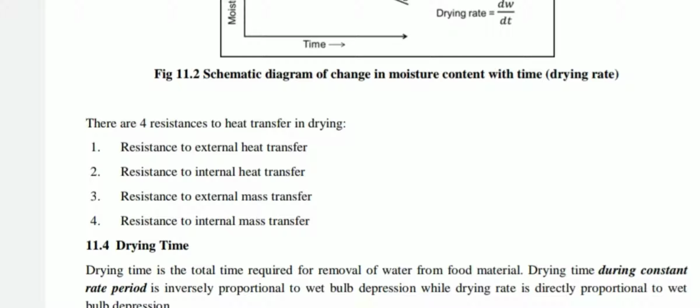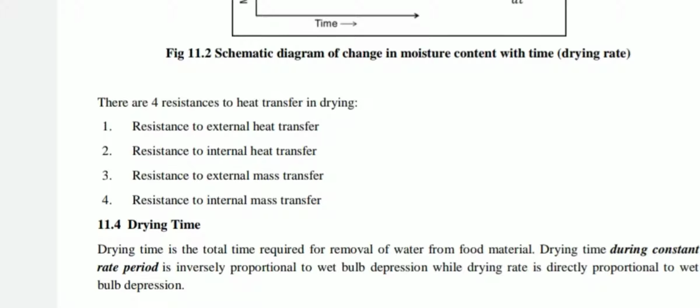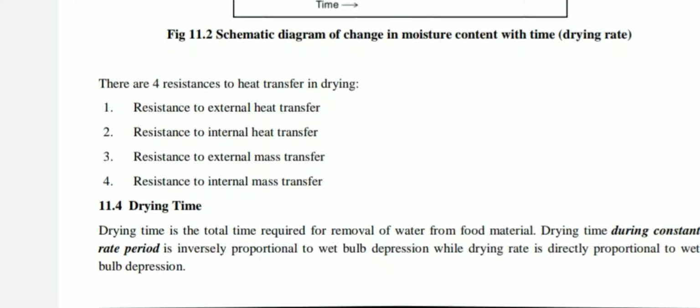Then resistance to external mass transfer: because of the water vapor transfer, the cell structure starts to disrupt and releases the water bound to it. So there is resistance to external mass transfer, the leaching out of vitamins, and whatever solute has higher volatility will start vaporizing with the water vapors.